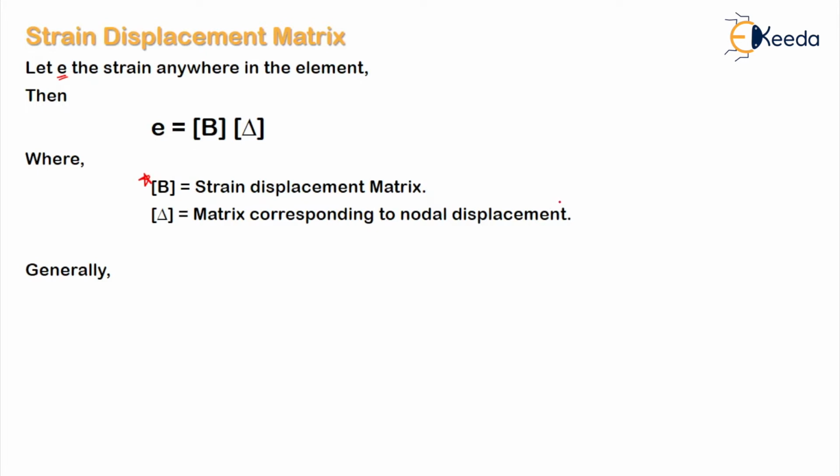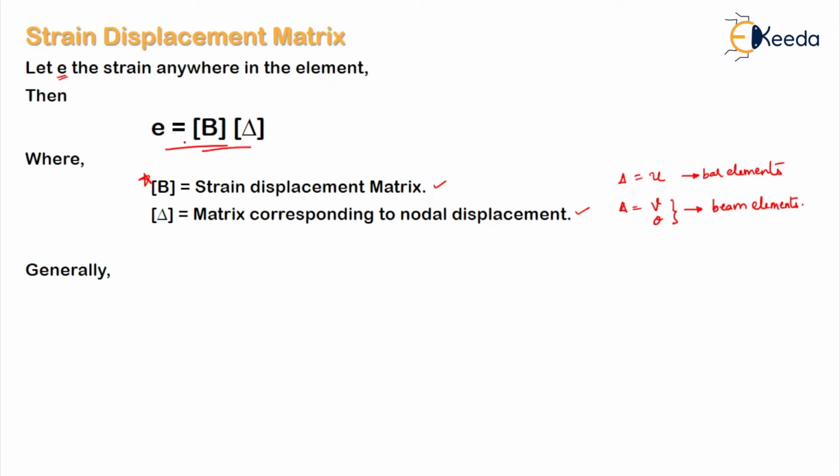Delta will be equal to U in the case of bar elements, and delta will be equal to V or theta in the case of beam elements.